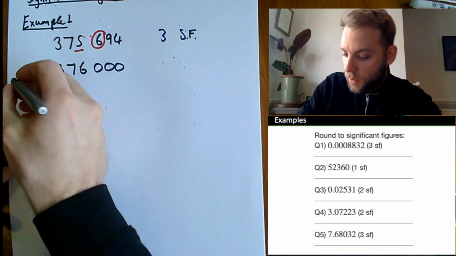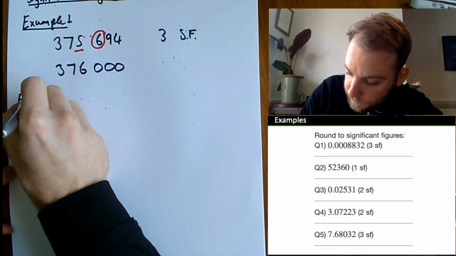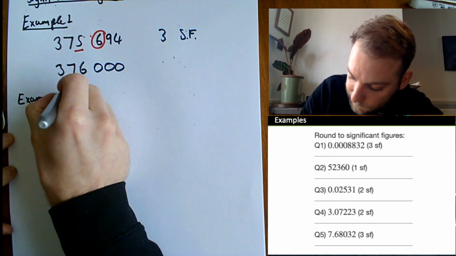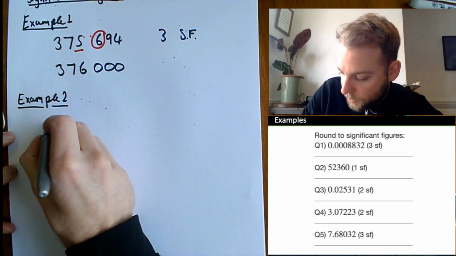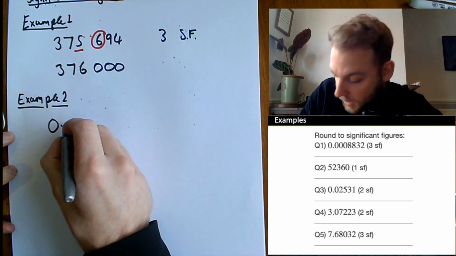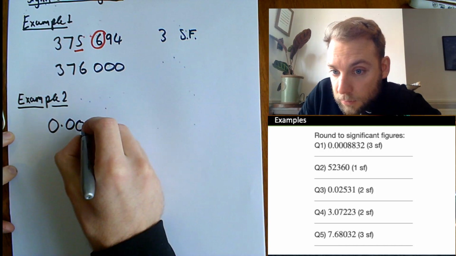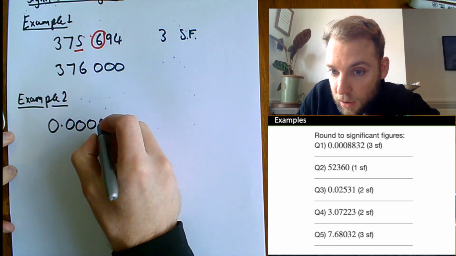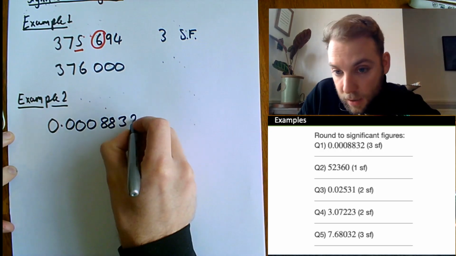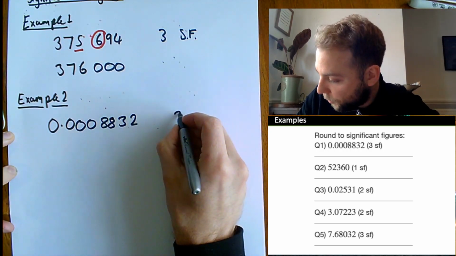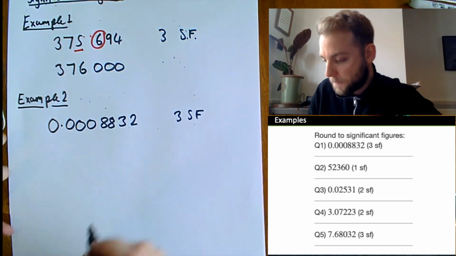So let's have a go at example 2. So example 2, we've got 0.0008832, and they want that to 3 significant figures.